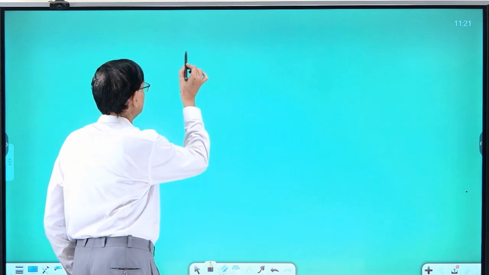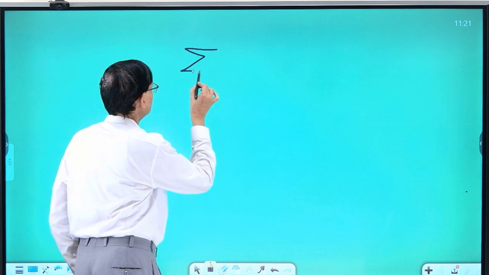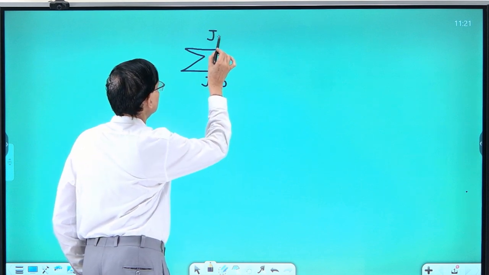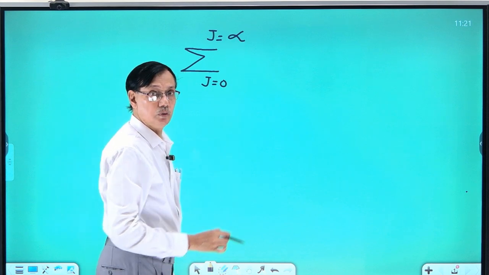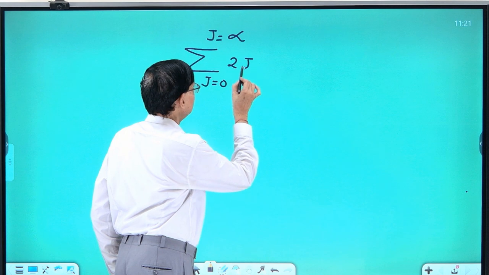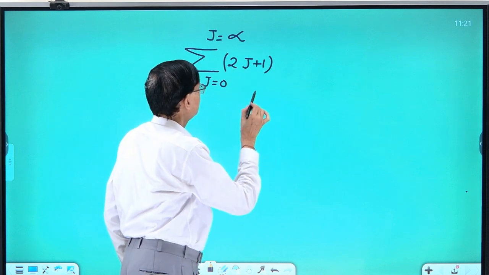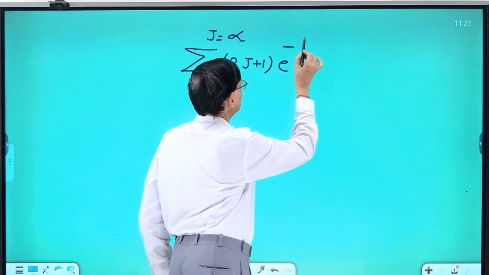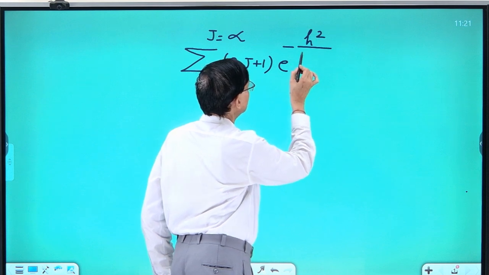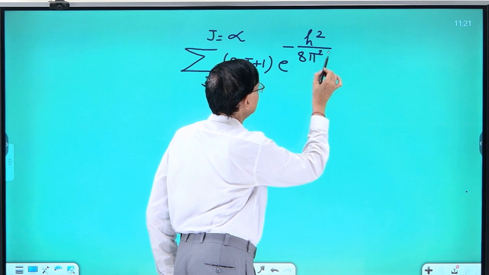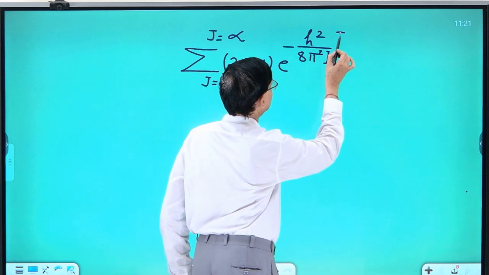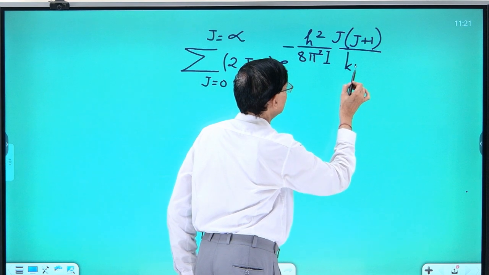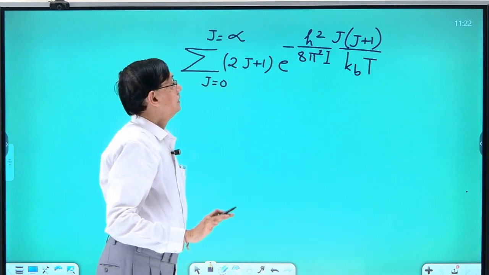First, I will write the summation j is equal to 0 to j infinite, 2j plus 1, exponential of minus h square over 8 pi square I, into j into j plus 1, divided by kB T. Is it clear?